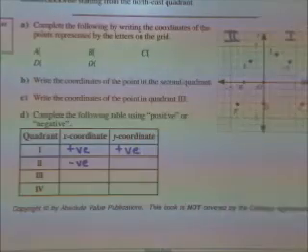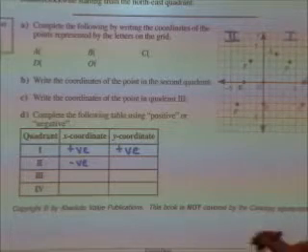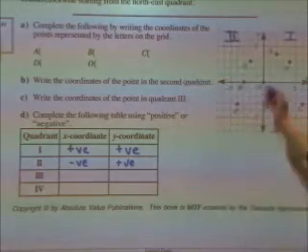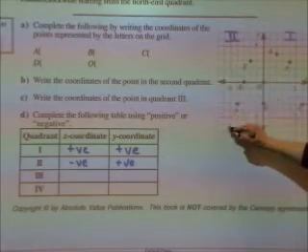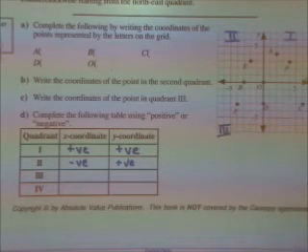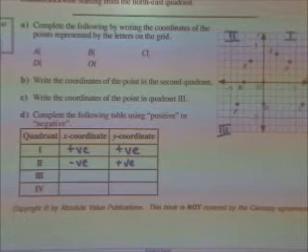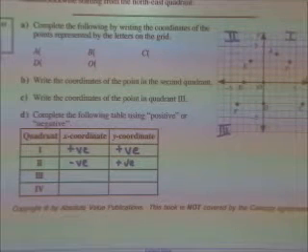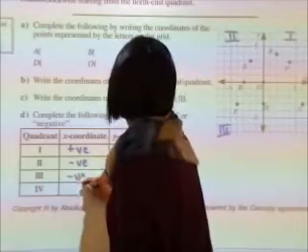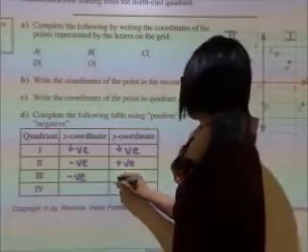And what are the y coordinates in quadrant 2? Positive. Again, moving counterclockwise, we now get into the bottom left-hand corner, which would be quadrant 3. What can you tell me about the x coordinate in quadrant 3? It's negative. And the y coordinate is also negative.